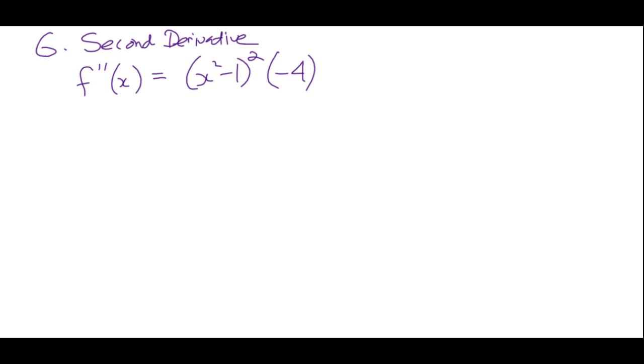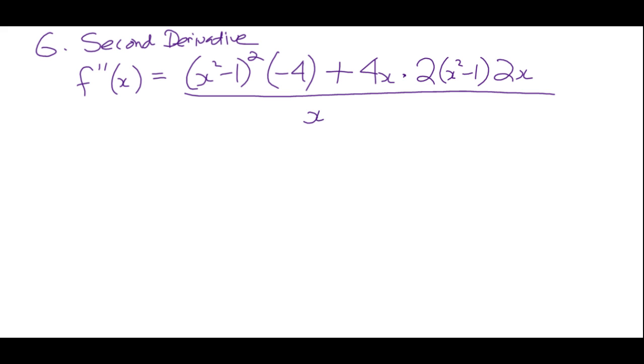Minus, but seeing as we're going to go minus a negative, so we're going to go plus 4x, because we're doing minus negative 4x. So I'm changing that to plus 4x times 2 times x squared minus 1 to the 1. That's the derivative of the outer function times the derivative of the inner function, which is 2x, all over x squared minus 1 squared squared, or x squared minus 1 to the 4th.